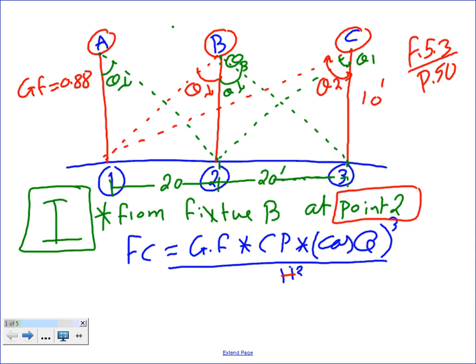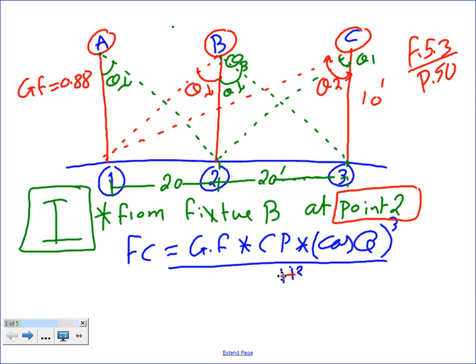If I find from B to 1, from B to 3 is identical. Why? Because the distance is the same, the height is the same, and the fixture is the same. So we're going to take advantage of all the symmetry. And when I give you a test, I give you all of them identical. Otherwise, if I'm going to mess around with you, I will change this one to 25 and this one to 20. More calculation.